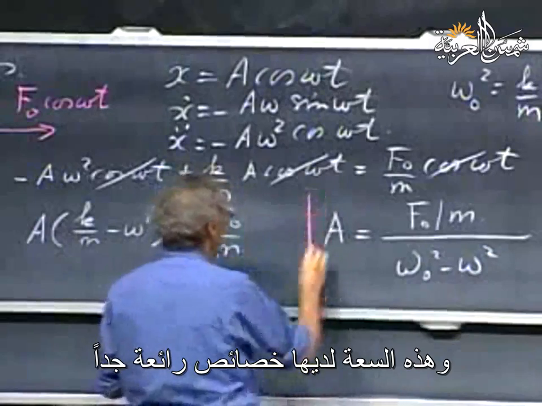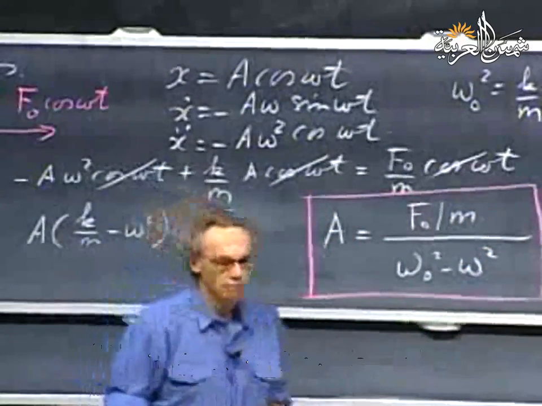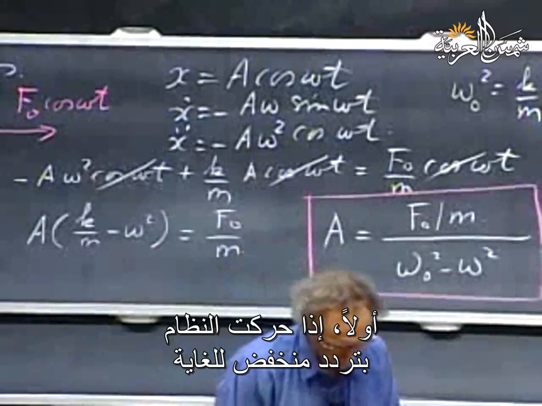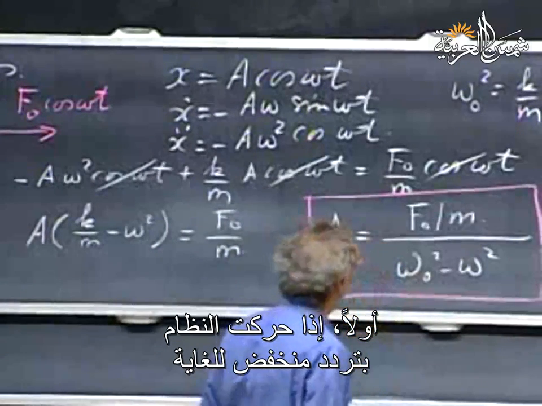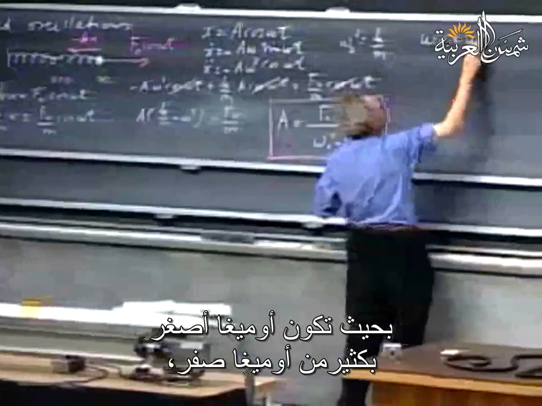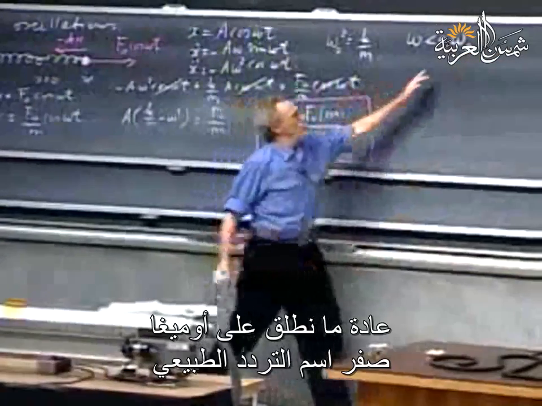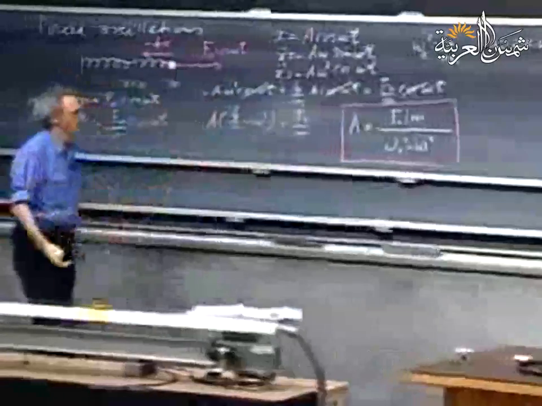And this amplitude has very remarkable characteristics. First of all, if I drive the system at a very low frequency, so that omega is much, much smaller than omega 0, we call omega 0 often the natural frequency. It is the one that is liked.